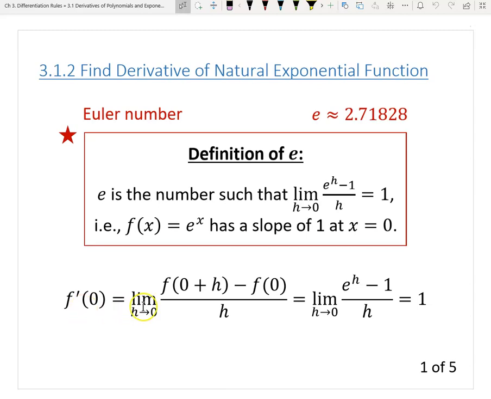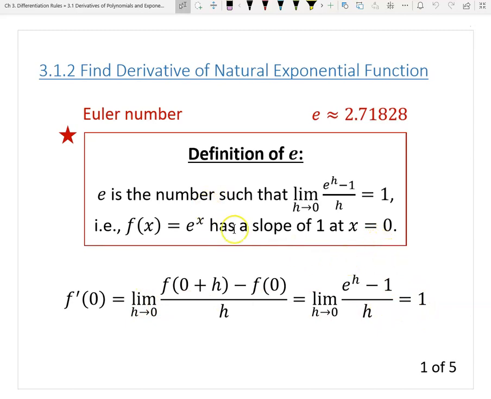If we look at the derivative at 0 using the definition, we plug e^x in for f, and 0 plus h is of course h. f at h is e raised to the h power, minus f at 0. f at 0, e^0, is 1, definitely, right? And then over h. Can you see? That's exactly the limit in the definition. So this limit is 1, therefore the derivative is 1 at x equals 0.